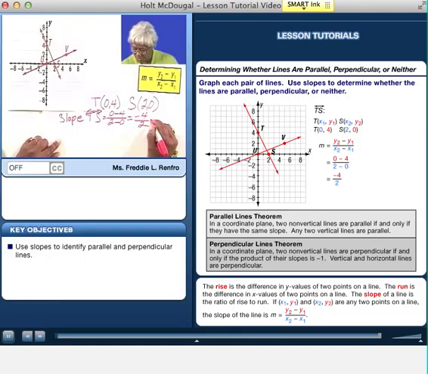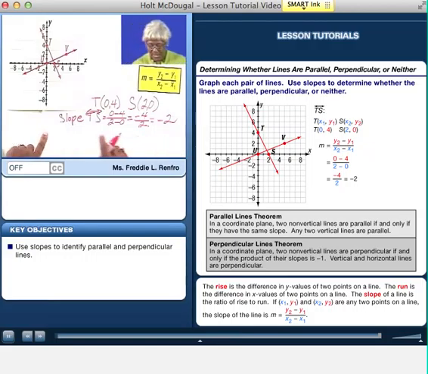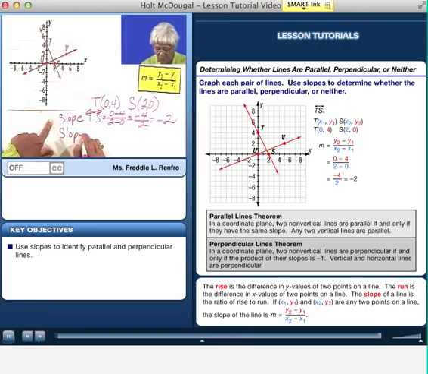And what's that equal to? -2. So the slope of this line is -2. Let's do the slope of the other line, UV.